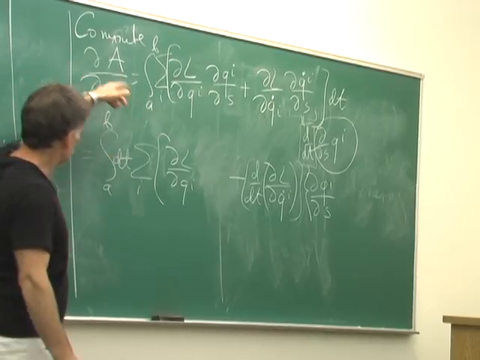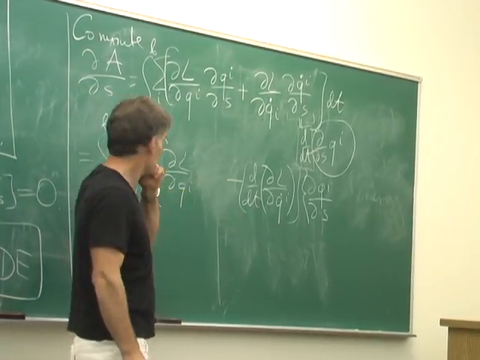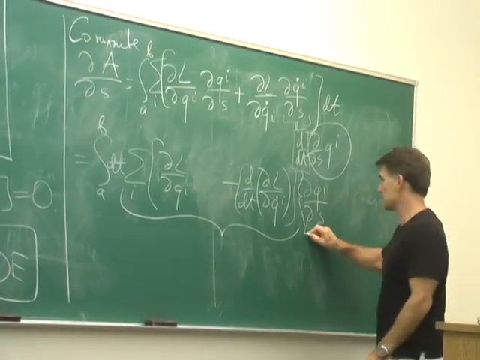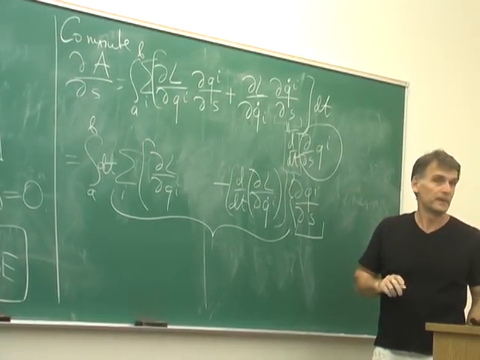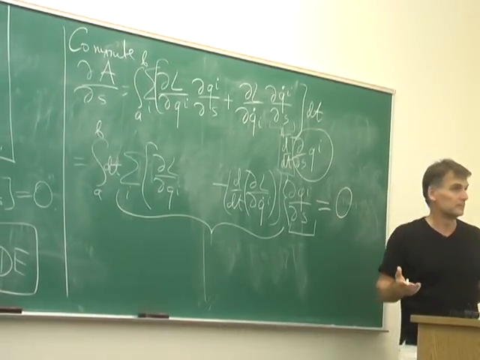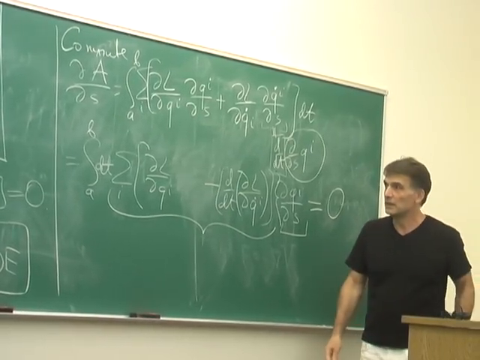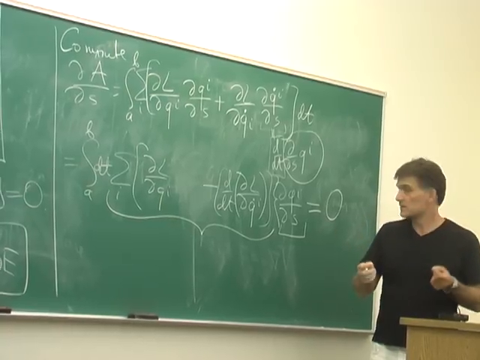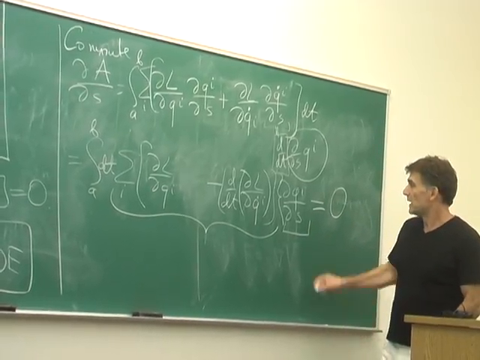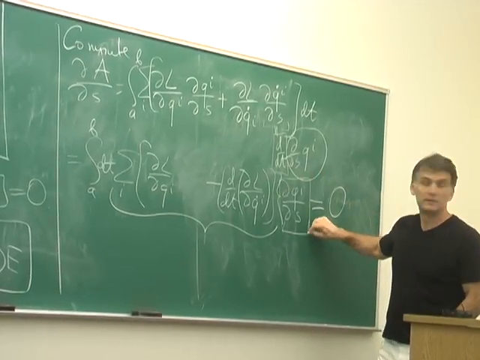Now we have this expression times that, and I want this to be equal to 0. I want to pick those trajectories for which this is equal to 0, independently of this.